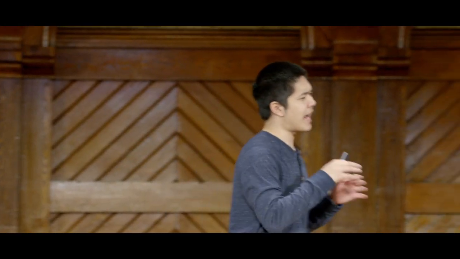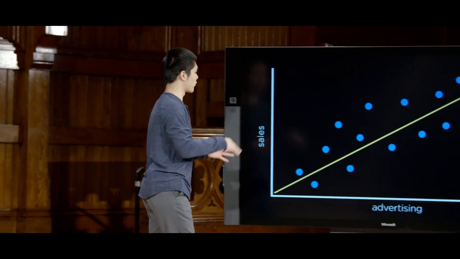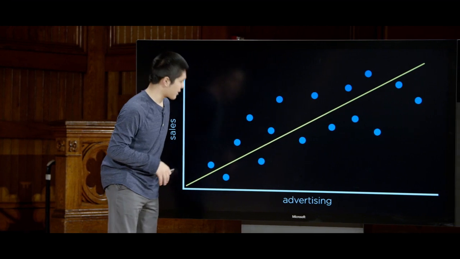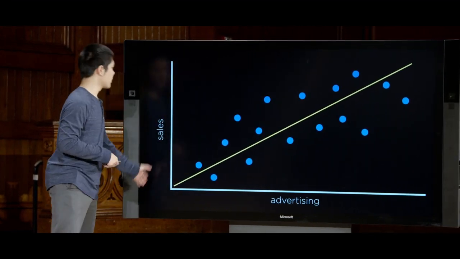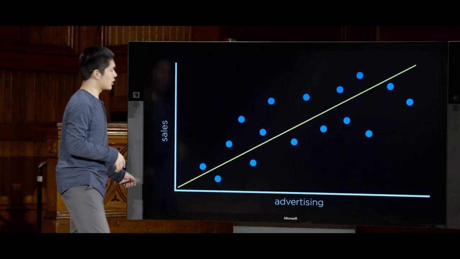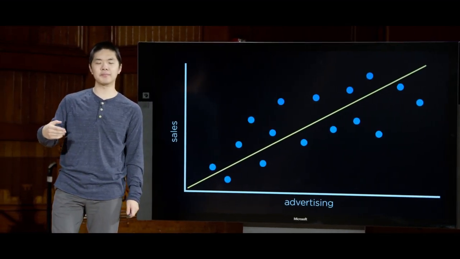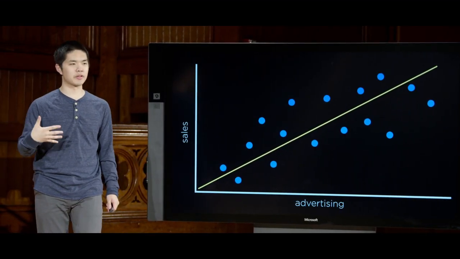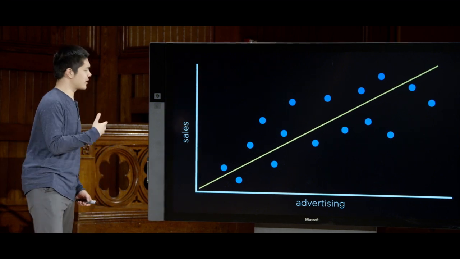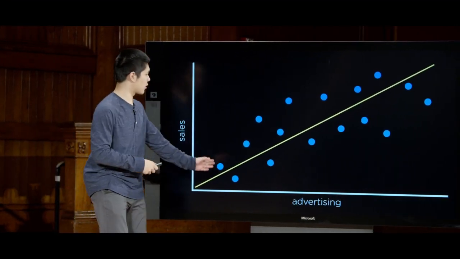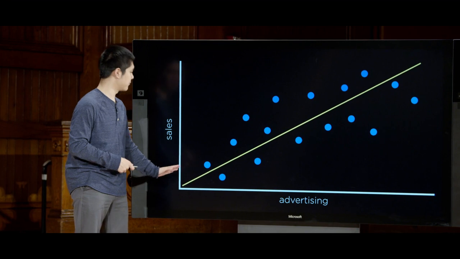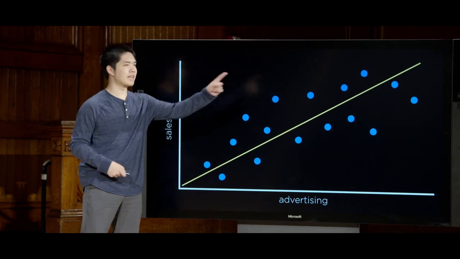So what might this actually look like for our data set? Well, if we go back to this representation, where we had advertising along the x-axis, sales along the y-axis, our line was our prediction, our estimate for any given amount of advertising, what we predicted sales was going to be. And our L1 loss is just how far apart vertically along the sales axis our prediction was from each of the data points.